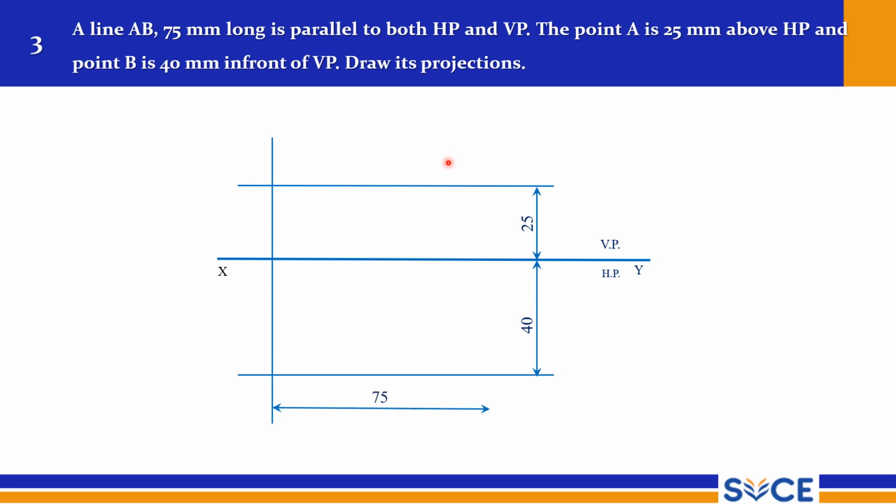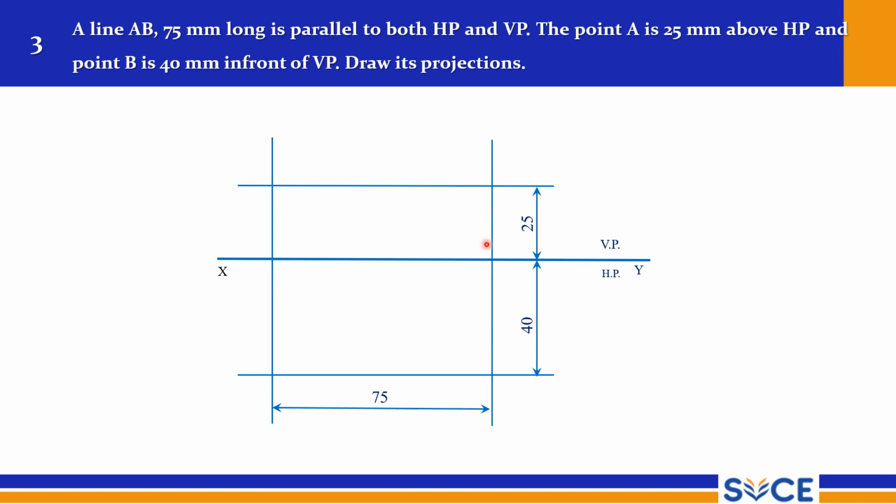so the line length is given as 75 mm, and I have drawn a line on which I am going to have the first point. This is the point where I am going to have A dash, and this is the point where I am going to have A. From this point I measure 75 mm, because the true length is 75 mm. In this case the top view will have the same 75 mm, and the front view will also have the same 75 mm length.